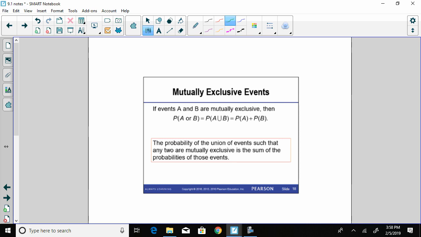They always just kind of bug me, but it is important to know that if I give you an or, we're basically saying add the 2. Okay, the probability of the union event such that any 2 are mutually exclusive is the sum of the probabilities of those events.